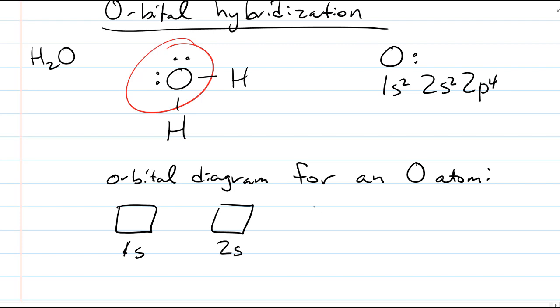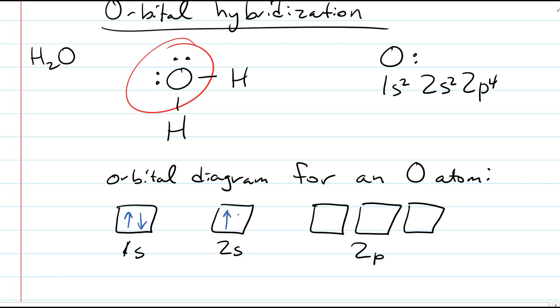We've got the 2s sublevel. And we've got the 2p sublevel. Now putting in the electrons, what happens when we get to the p? Put one in each box and then we double them up.